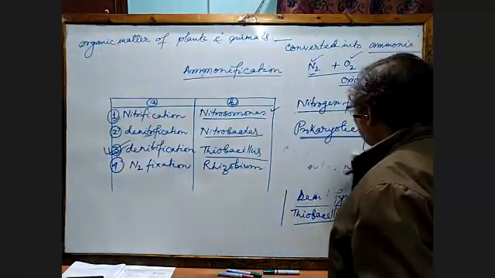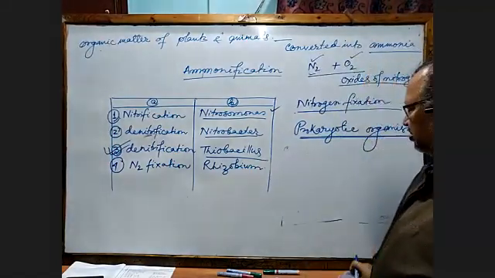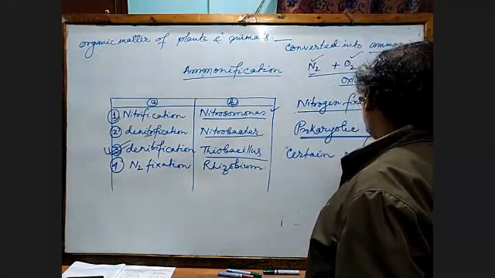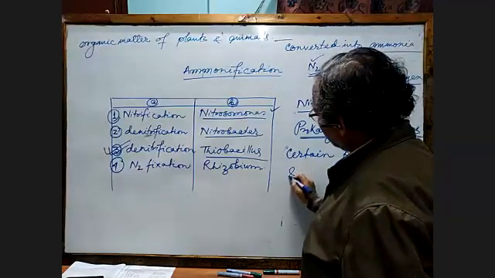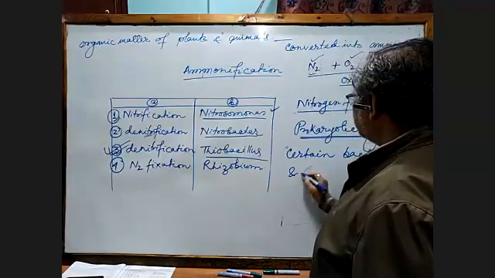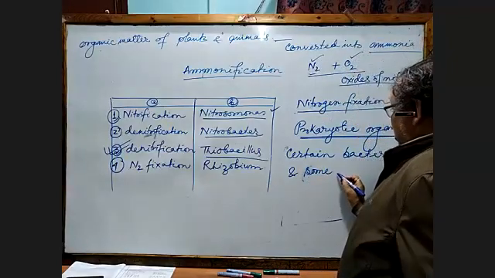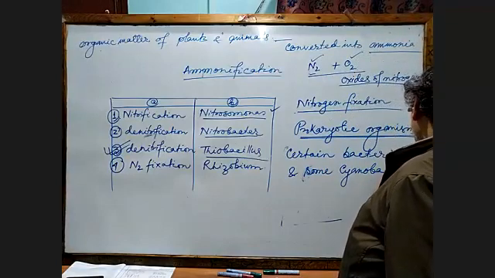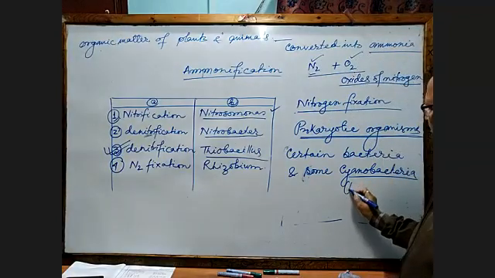So within the prokaryotic organisms also, not all of them, it is certain bacteria and some blue-green algae, that is, some cyanobacteria. The blue-green algae.